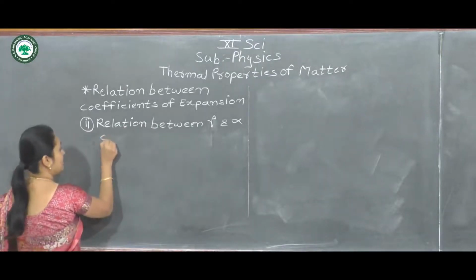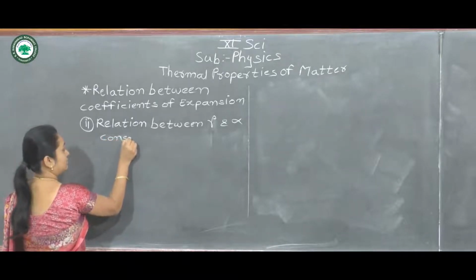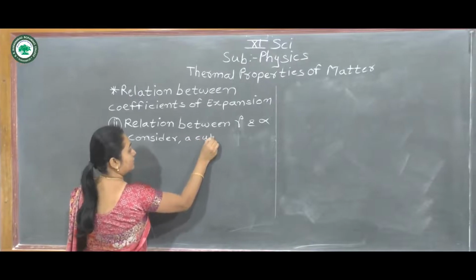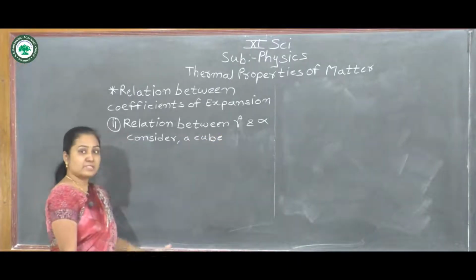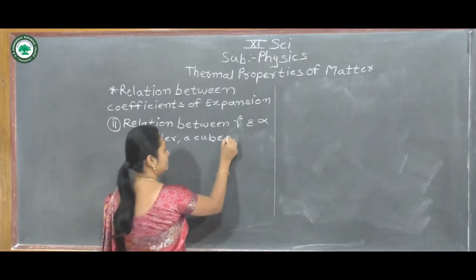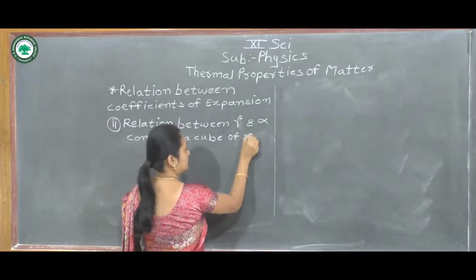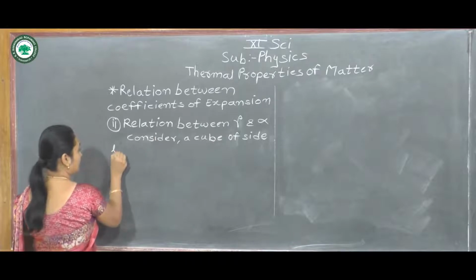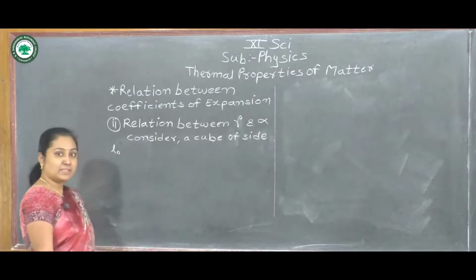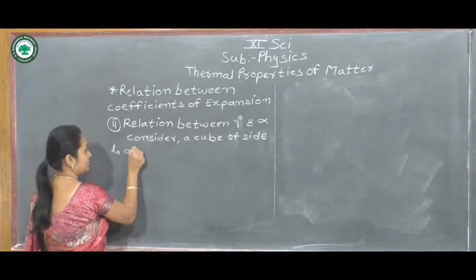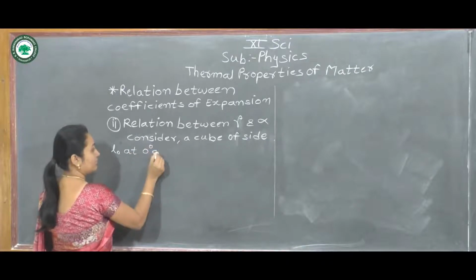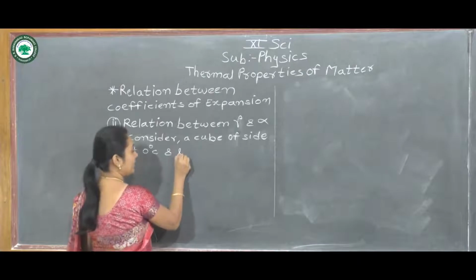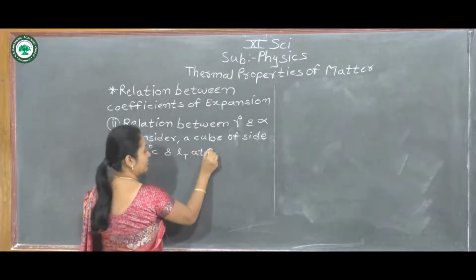So consider a cube of side L0 at 0 degree Celsius and LT at T degree Celsius.